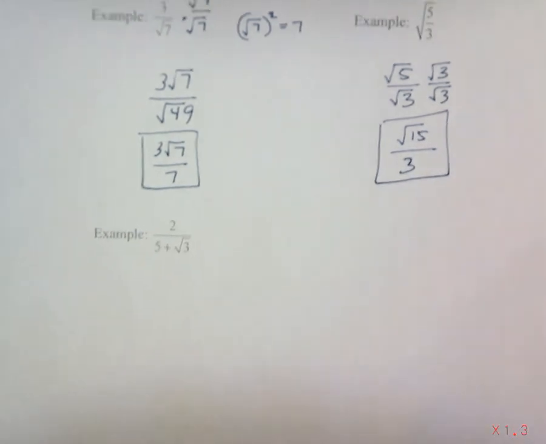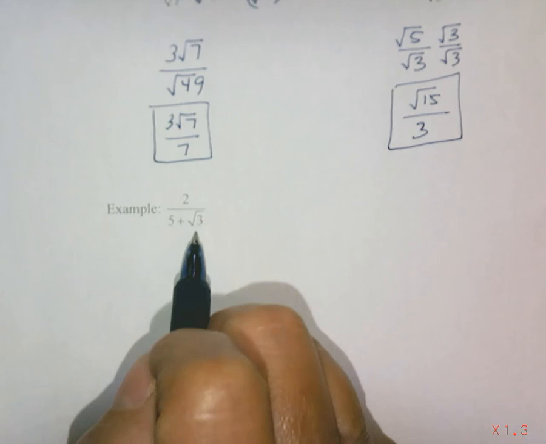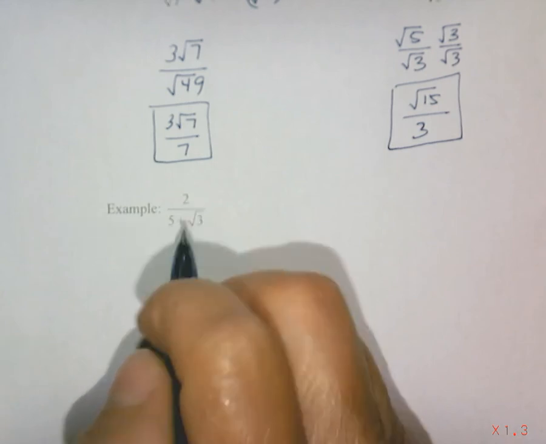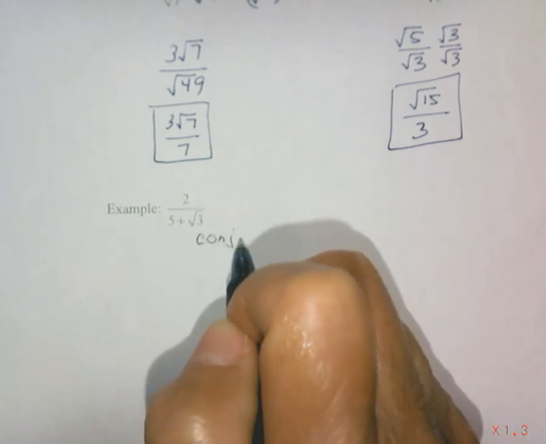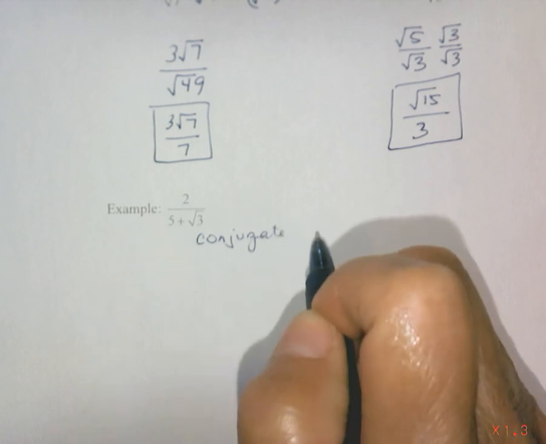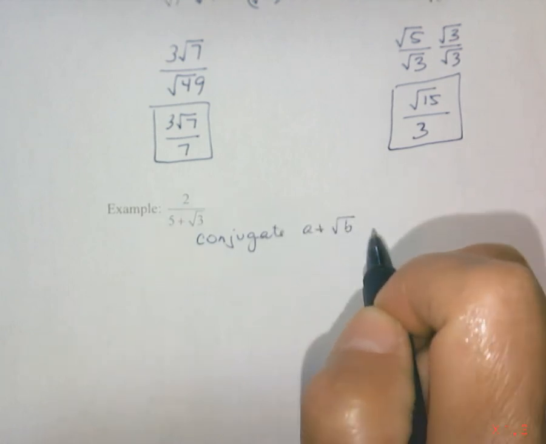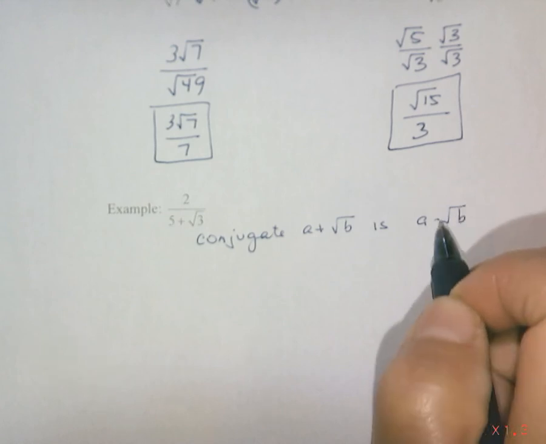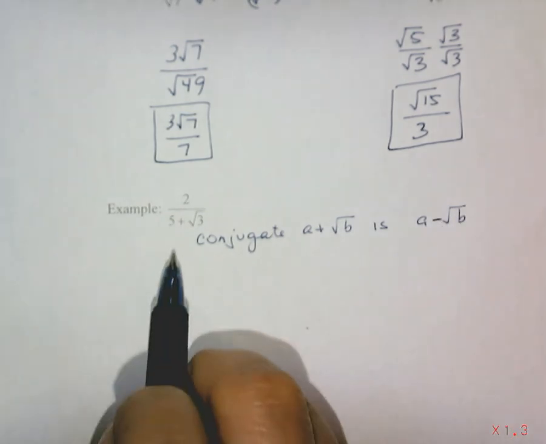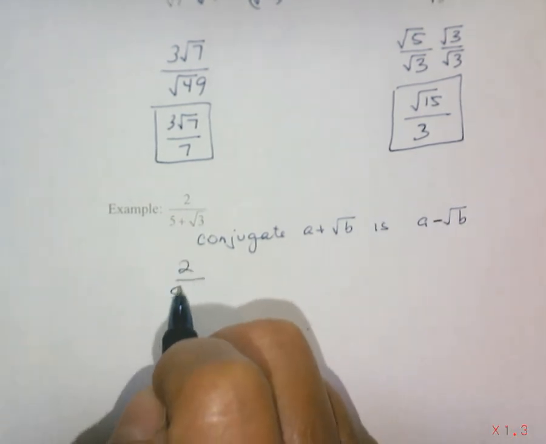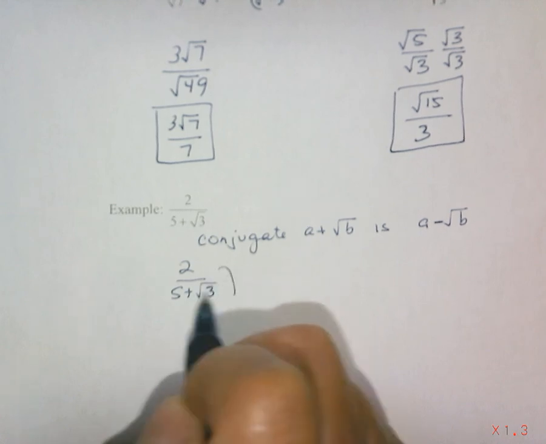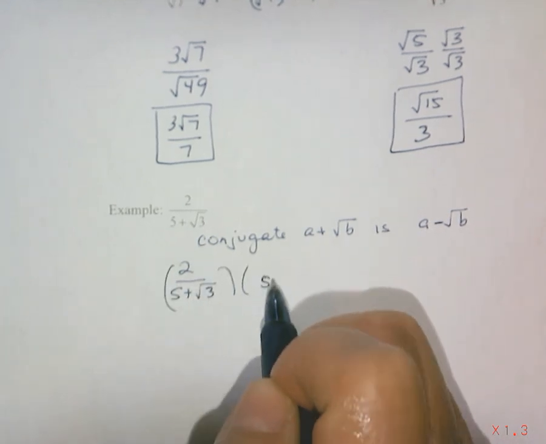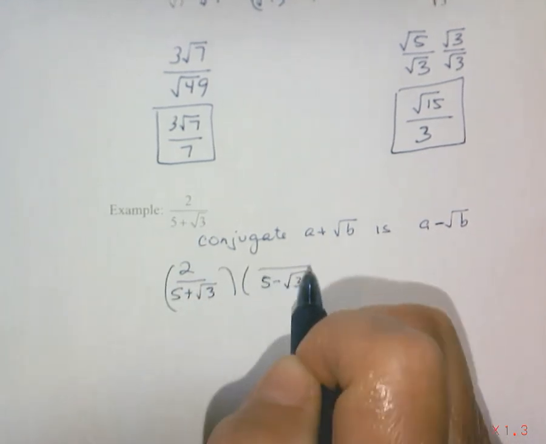To get rid of the radical in the denominator, I have to multiply by the conjugate. So the conjugate of a plus the square root of b is a minus the square root of b. So since I have 2 over 5 plus the square root of 3, I'm going to multiply it by the conjugate of 5 minus the square root of 3.